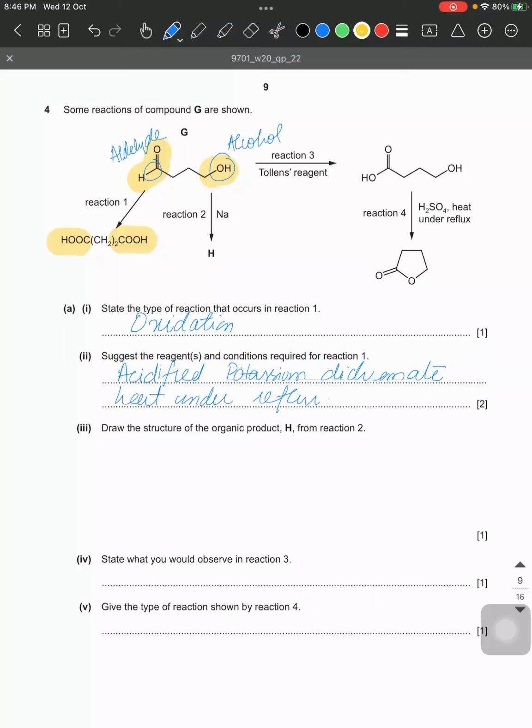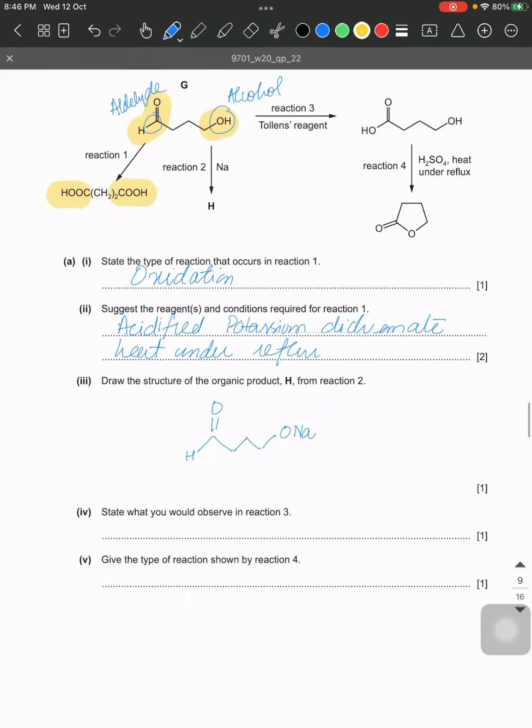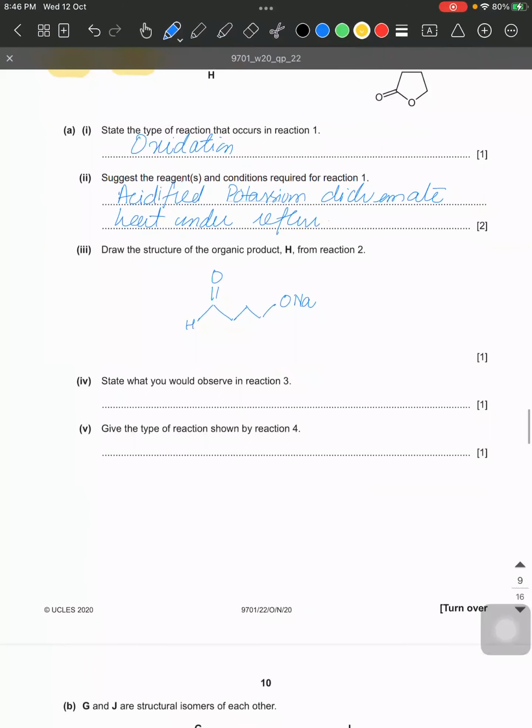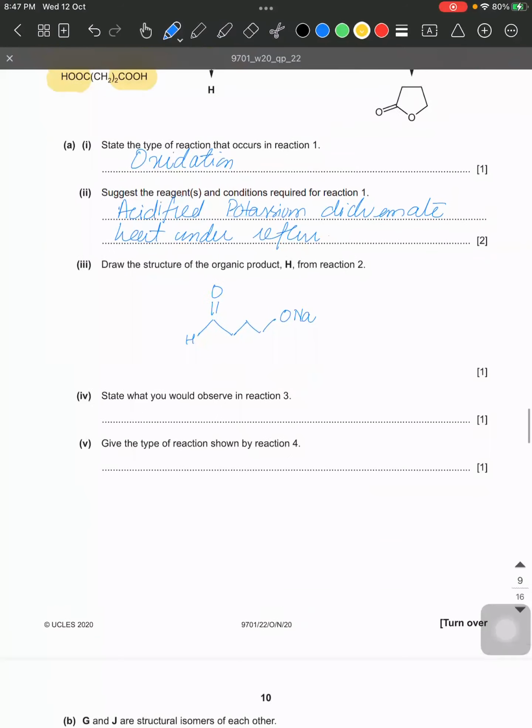When you react Na with carboxylic acid, it will form some product, but there is no reaction of aldehyde with sodium. So definitely the structure will remain the same, unaffected, but change over here. We just need to replace H by Na.